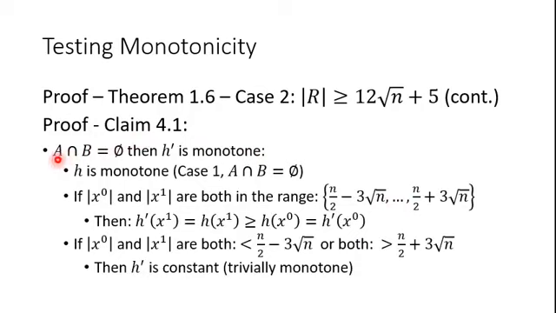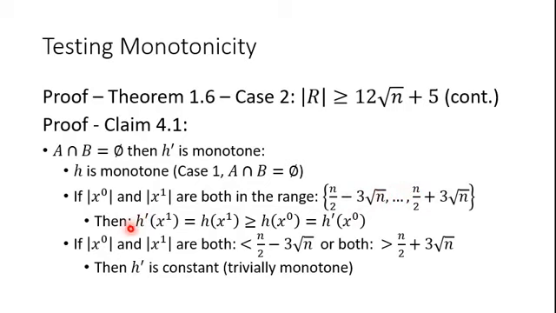So if the intersection of A and B is empty, then we claim that H prime is monotone. How will we show this? First of all, we notice that H is monotone. This is from case 1, where A intersection with B is empty. So we know that in this case, H is monotone. And so what we can see is that if the Hamming weight of x0 and the Hamming weight of x1 are both in the middle range, we saw that H prime of x is equal to H of x.